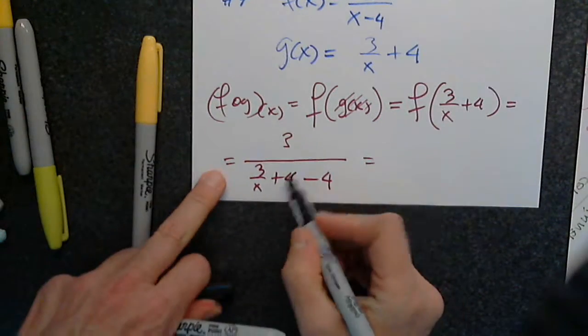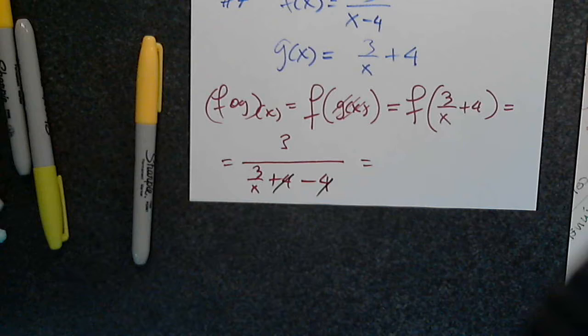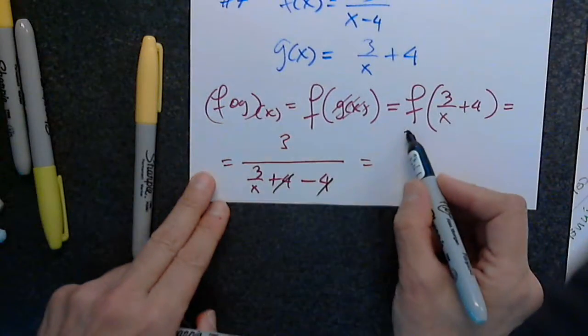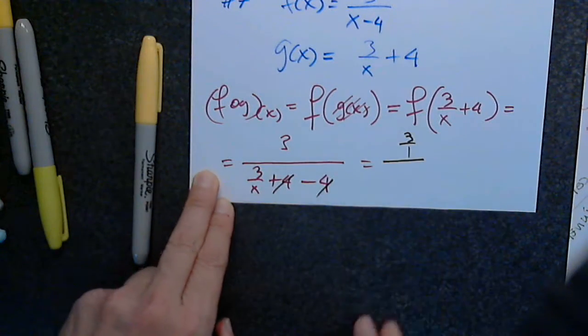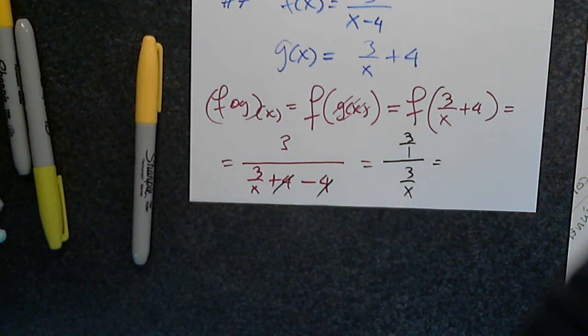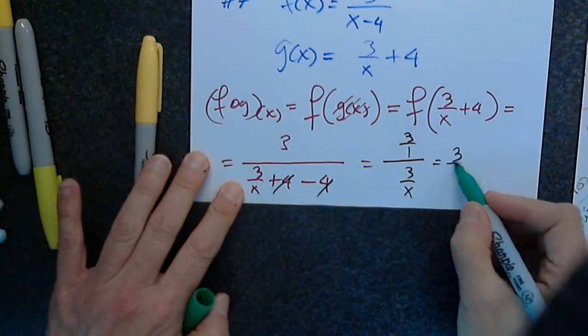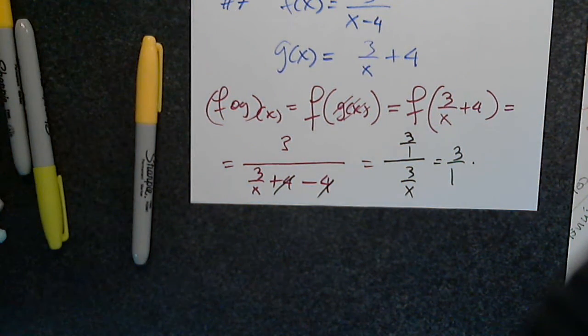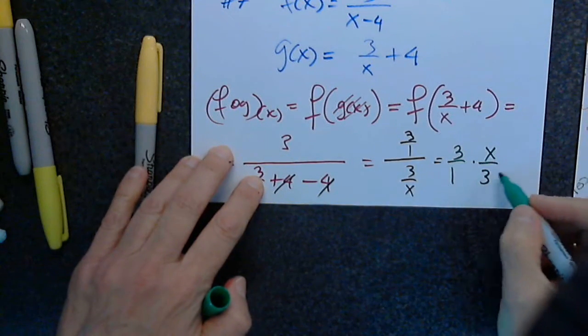Awesome. What happens in the denominator? Yes. And now remember, the numerator is a fraction. What fraction? 3 over 1. What is the denominator? 3 over x. How do I divide two fractions? I copy the fraction from the top, and I do what with the fraction from the bottom? And I get x divided by 3.